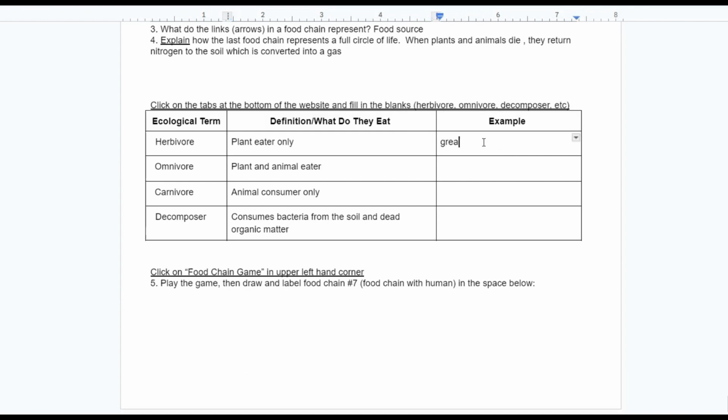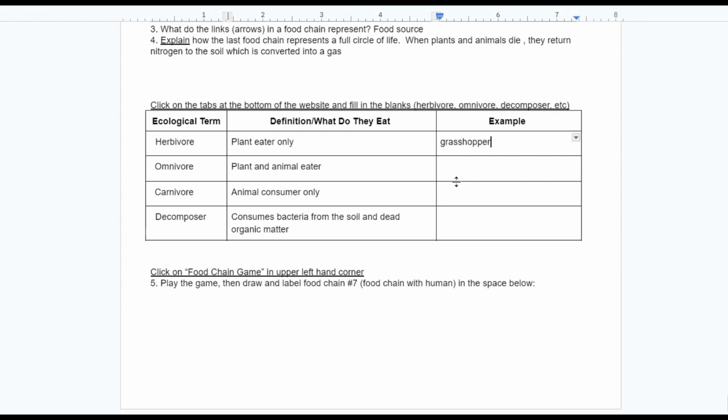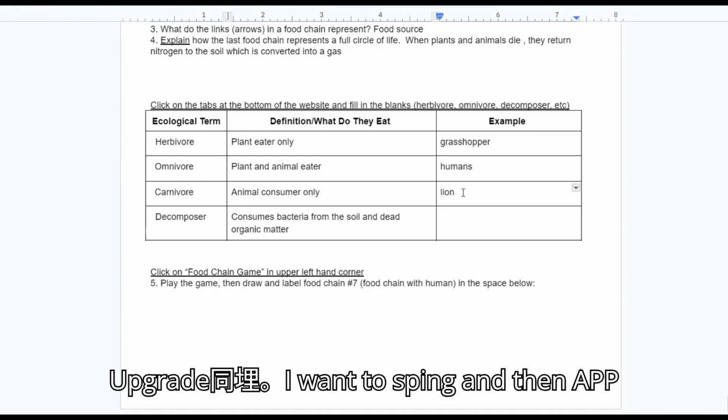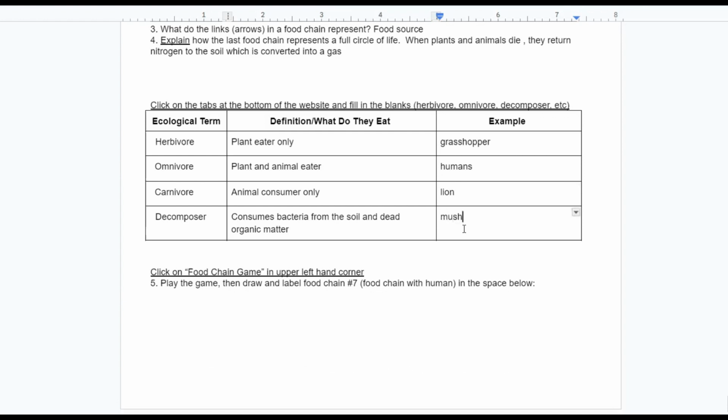Okay, grasshopper. Okay, can't spell. Okay, we'll take that word for it. All right, what's an omnivore? Well, humans are. All right, what's a carnivore? Probably a lion. All right, we're just putting anything up here. Hey, what do you have? Mushrooms. Okay.